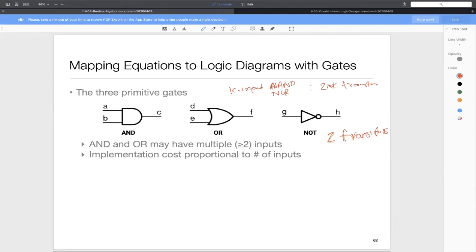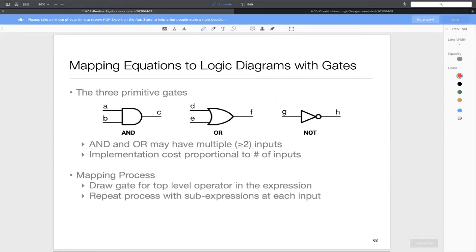A K-input AND would be 2K plus 2 transistors, because it needs a NAND gate followed by a NOT gate in CMOS. So actually our basic primitives of Boolean algebra, AND, OR, and NOT, are not quite hardware aware, because AND is more expensive than NAND in CMOS. Anyway, the rule of thumb is proportional to the number of inputs.